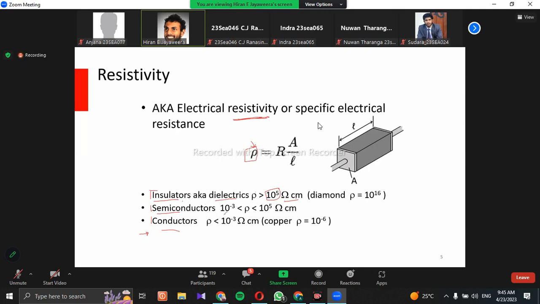Then things with resistivity between 10 to the power minus 3 and 10 to the power 5, we consider as semiconductors. And then we have conductors, where the resistivity is extremely small, less than 10 to the power minus 3. Then we have superconductors, their resistivity is more or less 0. There are certain places where we use superconductors, so I'll come to that shortly.